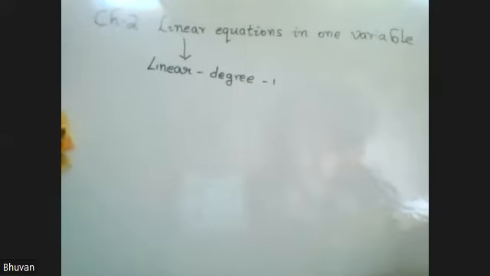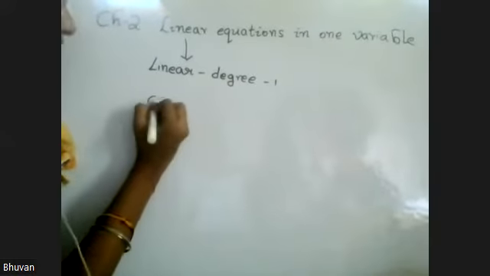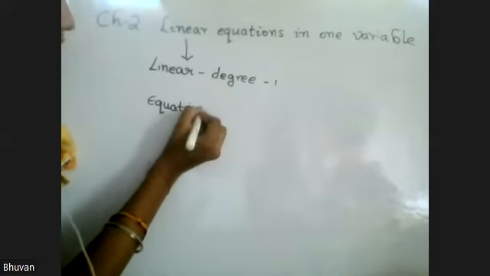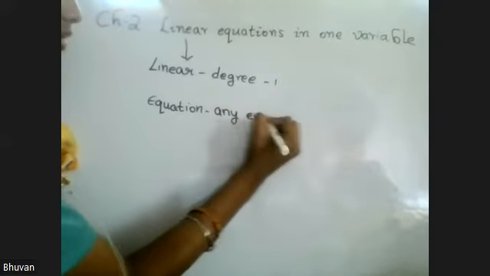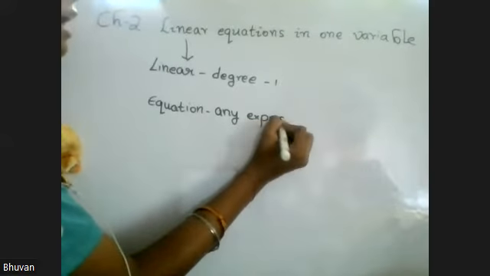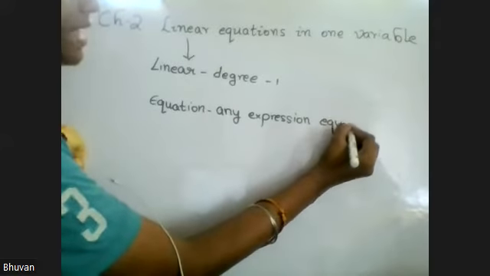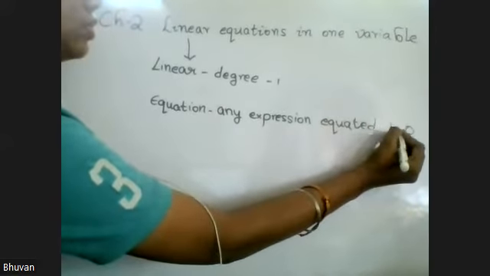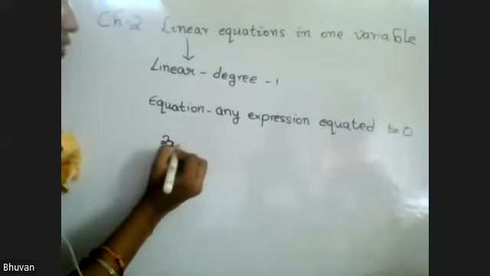Then, equation. So what is an equation? An equation means any expression equated to 0. Any expression which is equated to 0 is called an equation, for example, 2x plus 3.